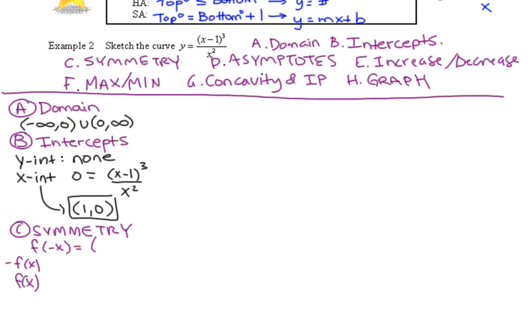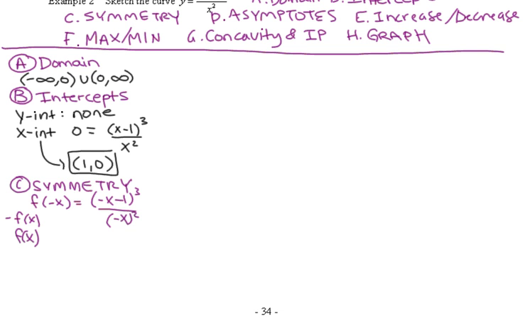So plugging it in, we have negative x minus 1 cubed all over negative x squared. Okay, we can factor out a negative from all 3 of these. So it's a negative on the outside and becomes x plus 1, because there's 3 of them. 3 negatives gives us a negative on the outside, all over x squared.